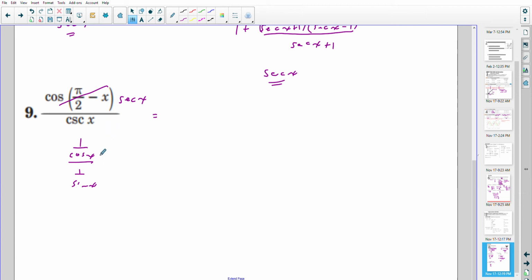Notice that I'm working down on all of my problems. Very important to work down instead of over. If you are working over and doing your work that way, please change, because you can keep things nice and orderly this way. At this point, you can multiply by the reciprocal of the bottom, which means that you now have this, and sine over cosine is tangent x.